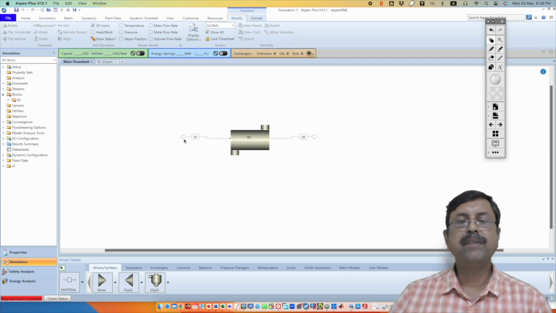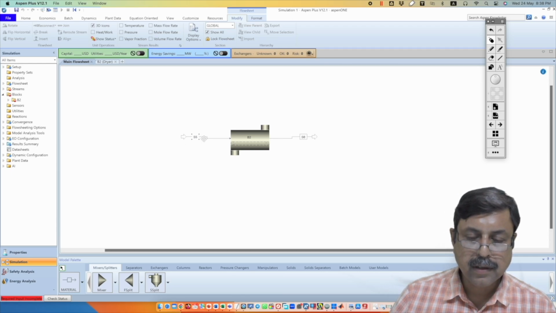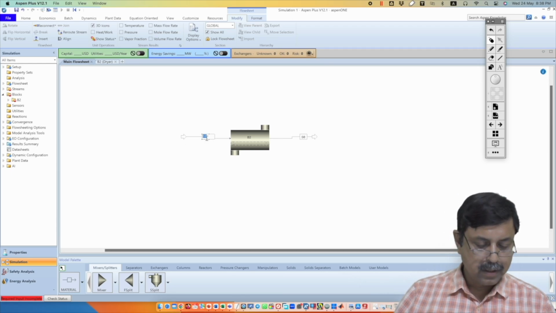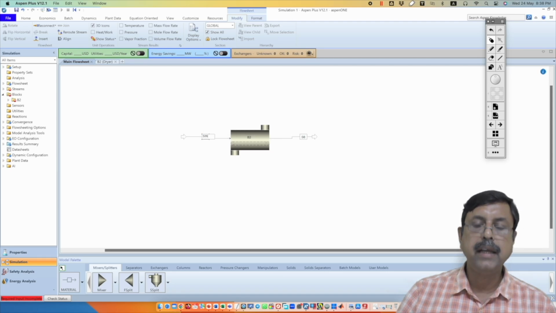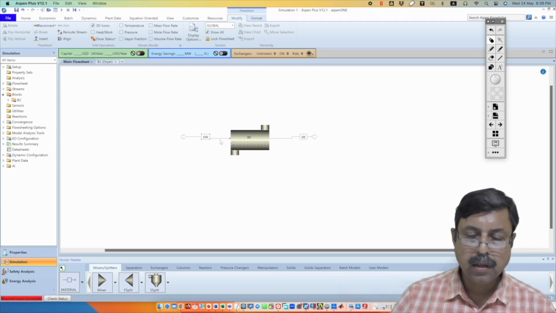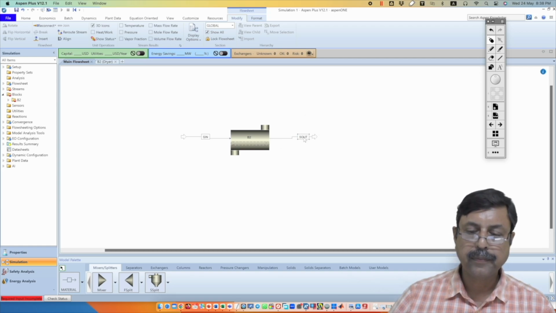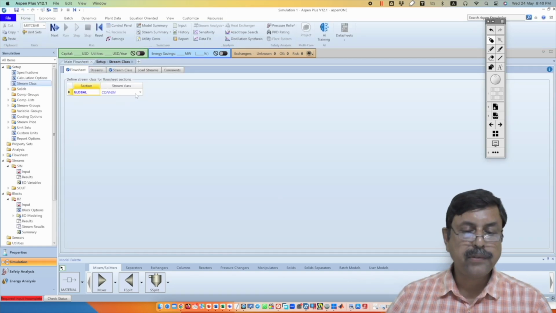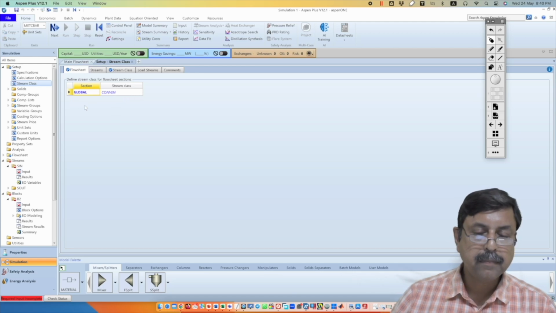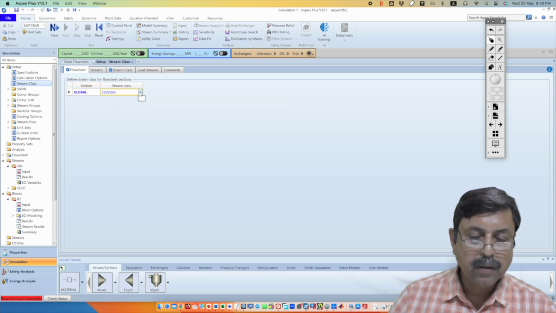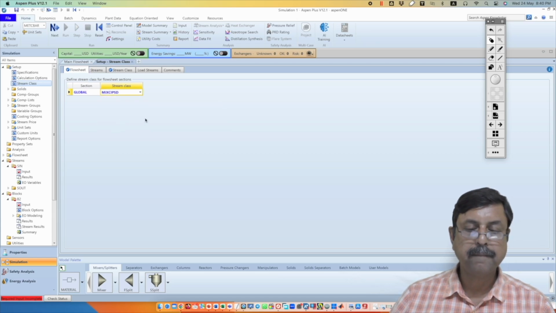So already we have this model over here. We have to just rename them. So this is the solid input and this is the solid output. Before that we have to set the stream, which is MIXCIPSD.